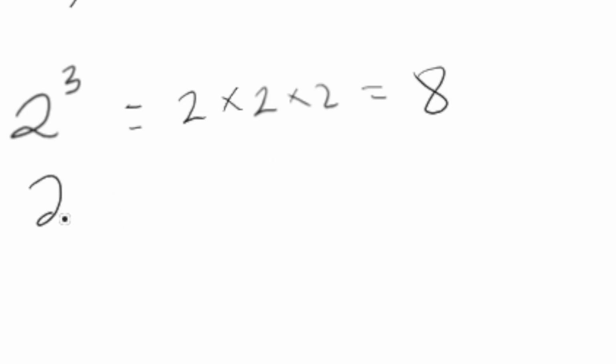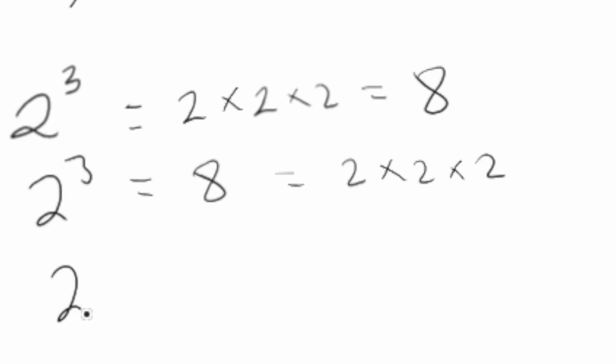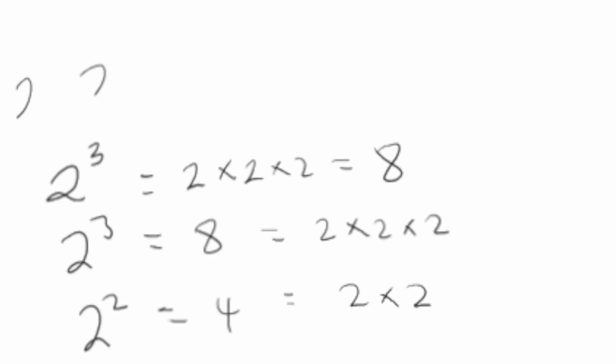2 exponent 3 is equal to 8, which is 2 times 2 times 2. Now, if I reduce this by 1, I go to 2 exponent 2, which is equal to 4, which is 2 times 2. How did I get that 4?